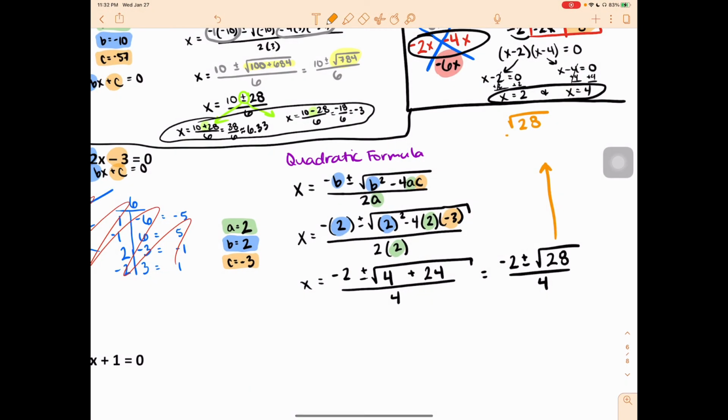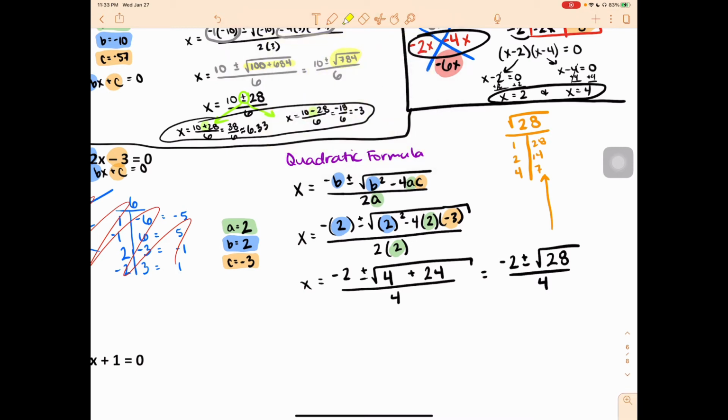So if we take the factors of 28, we have 1 and 28, 2 and 14, and then we have 4 and 7. So we want to look at these numbers and see where a perfect square is.